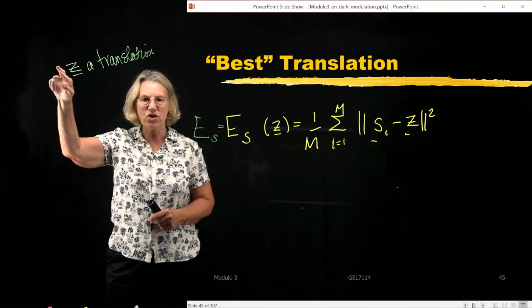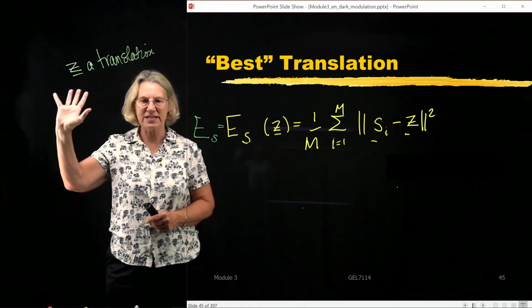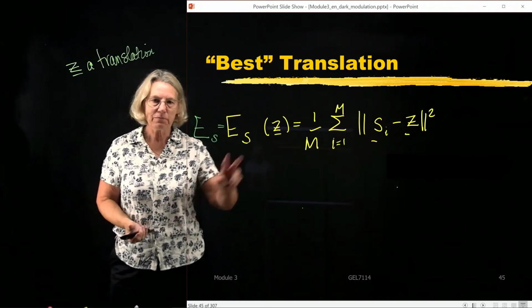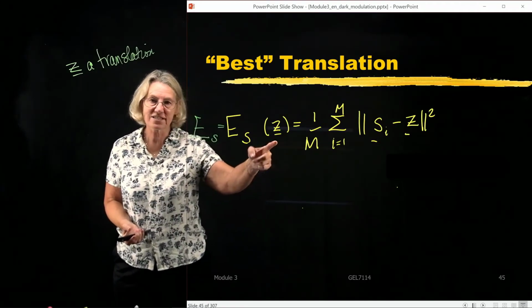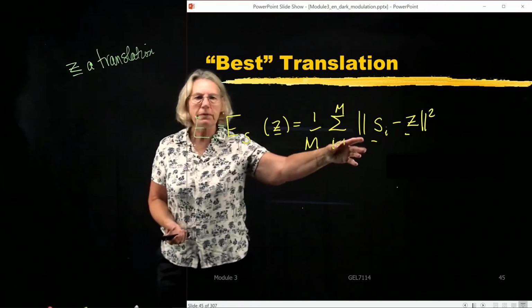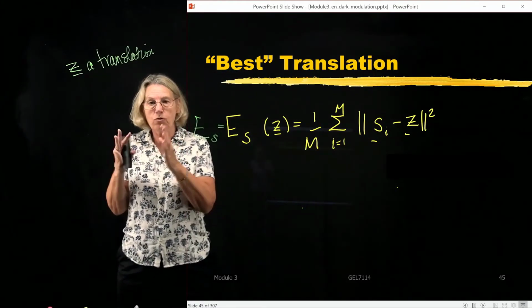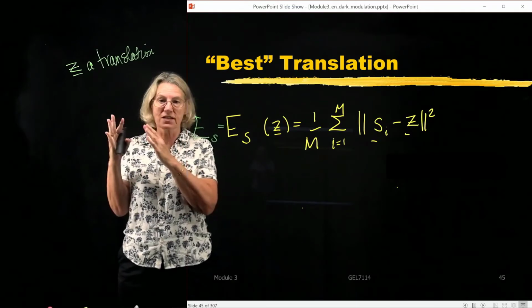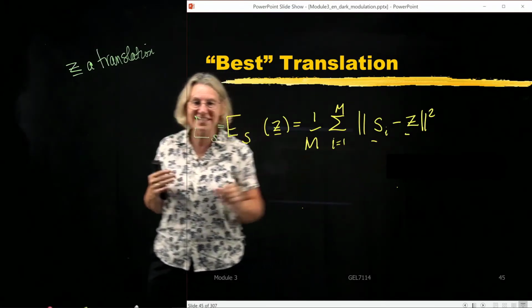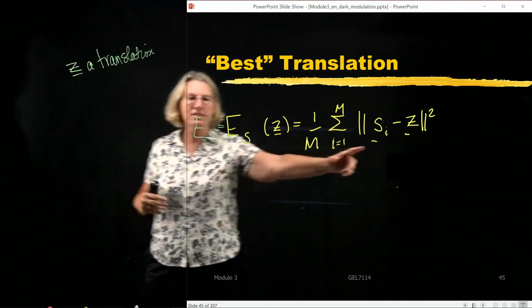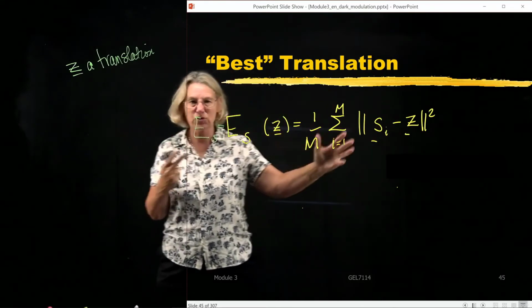Okay, let's look at this idea about what is the best translation. Let Z here represent an arbitrary translation. The energy per symbol as a function of this translation would be to take whatever the symbol coordinates were that I started with. Each one of the symbols is going to be translated by this amount Z, so it'll be moved, and that will be the new coordinate of the symbol after the translation.